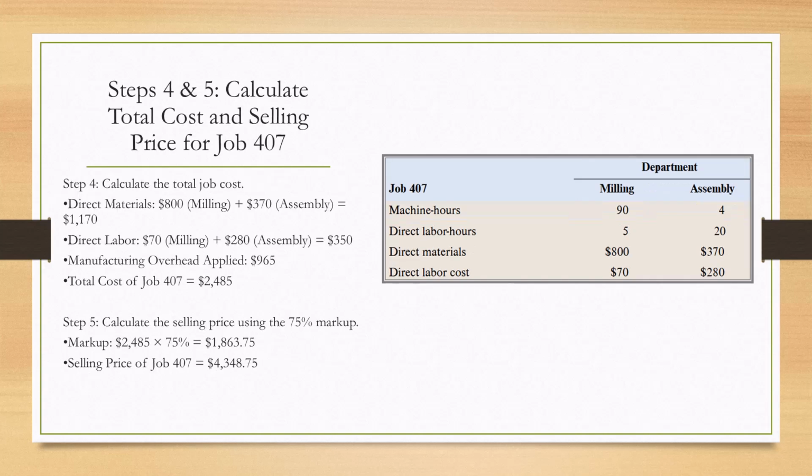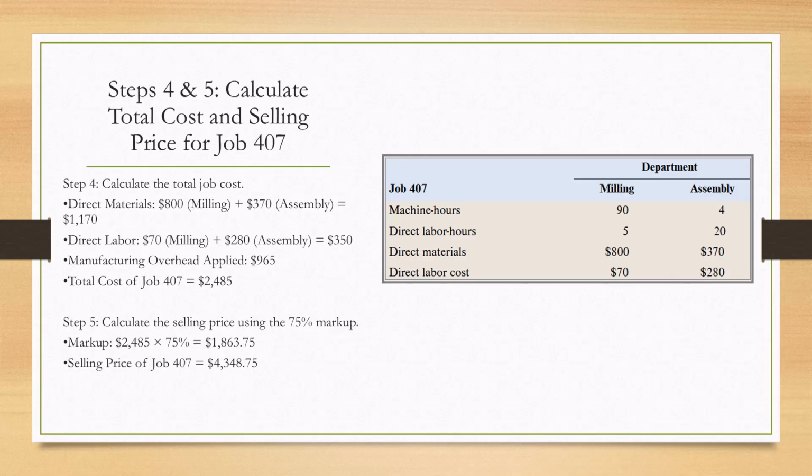Now we can finalize the cost and set a price for job 407. Step 4 is to calculate the total job cost. We sum the three cost components. Direct materials for the job were $1,170. Direct labor was $350, and the manufacturing overhead we just applied was $965. Adding these three together gives us a total cost for job 407 of $2,485.